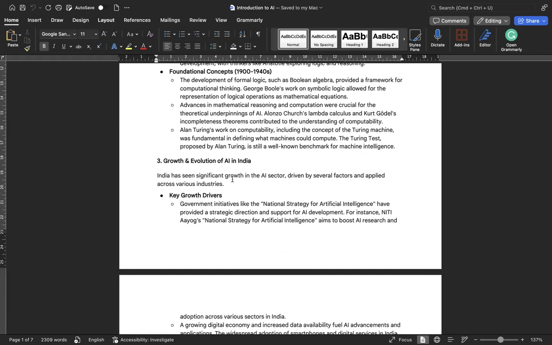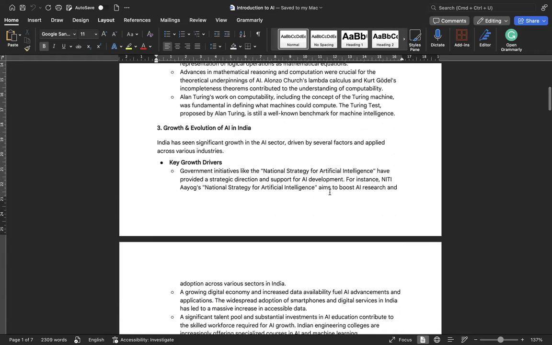India has seen significant growth in the AI sector, driven by several factors and applied across various industries. What are the key growth drivers of artificial intelligence with respect to project management in India?